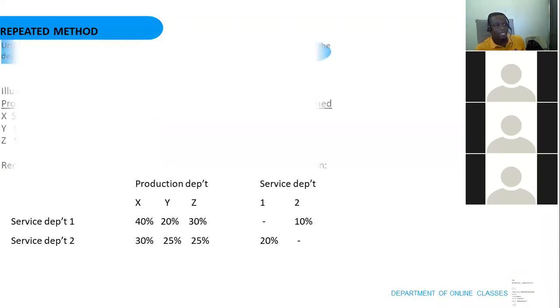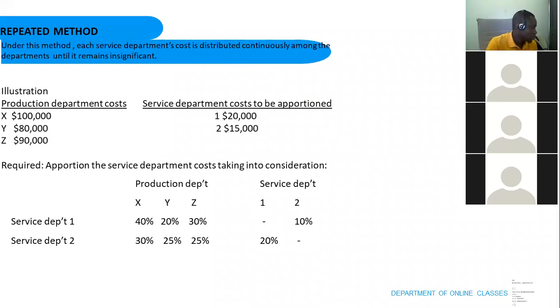From there, I said that there may be instances where you have more than one service department in your organization. When that happens, there is a likelihood that one of the service departments may be rendering services to each other.